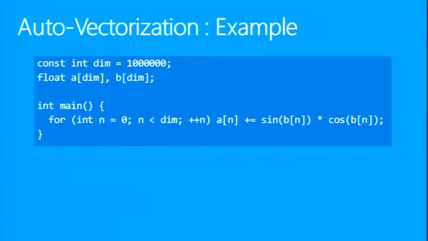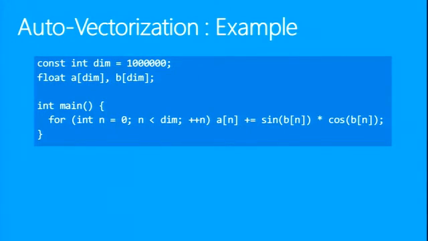We're going to run through every element of A and add into it the value of sine of B times cos of B. And we do that for each of the million elements in the loop. I should say that I've missed out the code here that puts initial values into the arrays A and B, just to keep the example simpler.